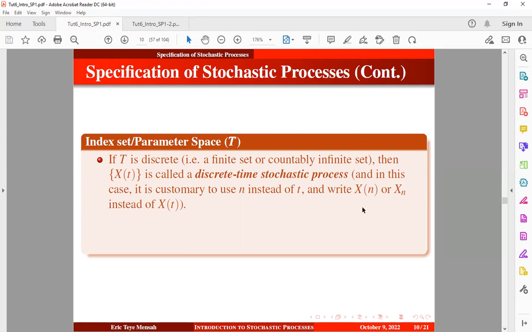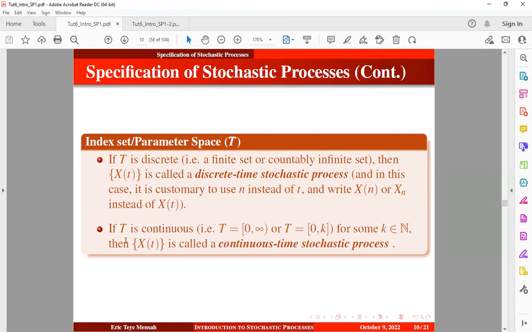Now, if t is continuous, that is, t is a semi-open interval from 0 to infinity, or t is a closed interval from 0 to k, where k belongs to the set of natural numbers, then the process is a continuous time stochastic process.